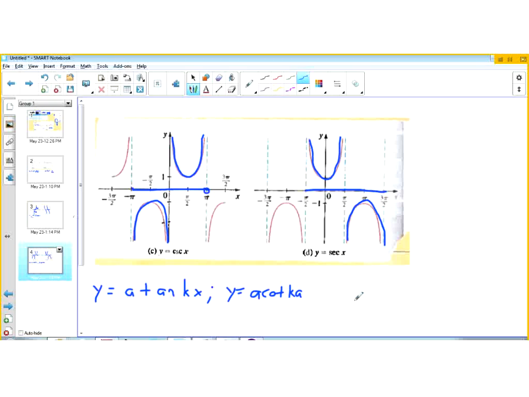But in a sense, a could be construed as an amplitude. But bear in mind, the periods though will be this.